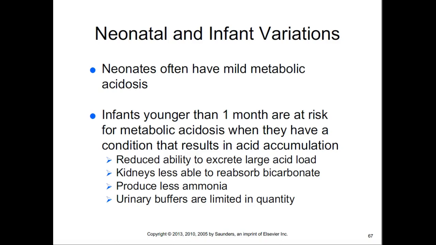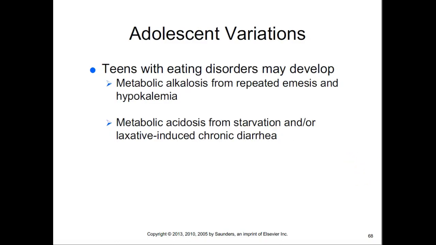They produce less ammonia, and their urinary buffers are limited in quantity. In adolescents, teens with eating disorders may develop metabolic alkalosis from repeated emesis and hypokalemia, and or metabolic acidosis from starvation and or laxative-induced chronic diarrhea.